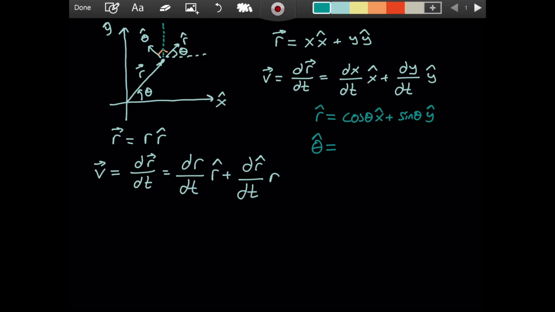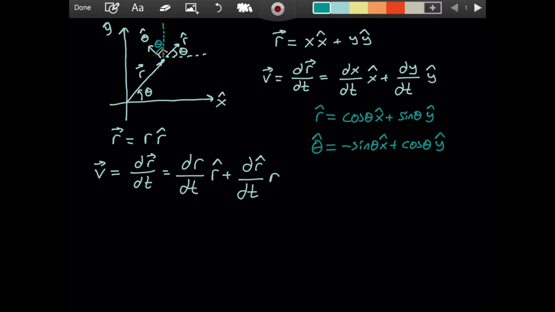This is vertical. This part is 90 degrees minus theta, so this part is theta. Which means that, and look at this, it is in the negative x direction. So it's going to be negative sine of theta x hat plus cosine of theta y hat. Cool.